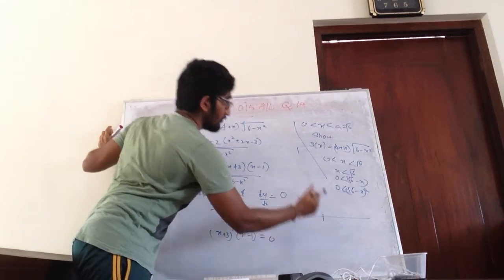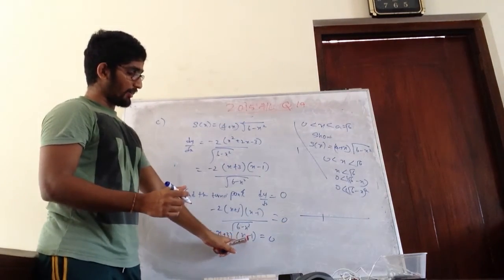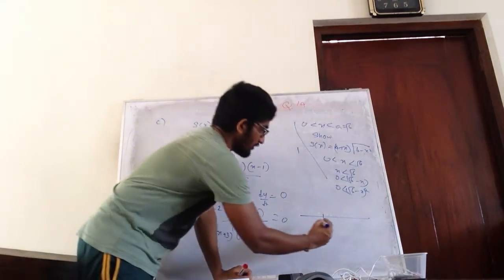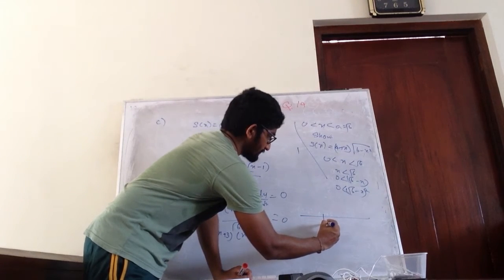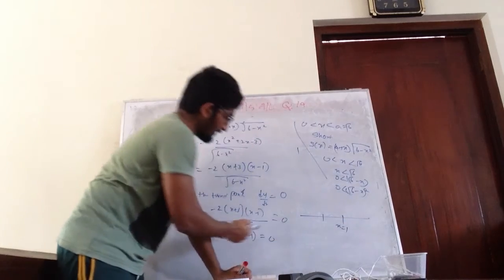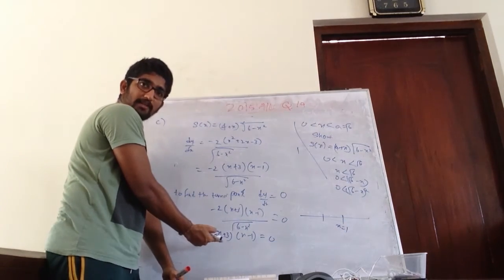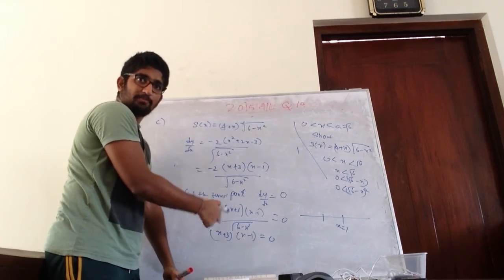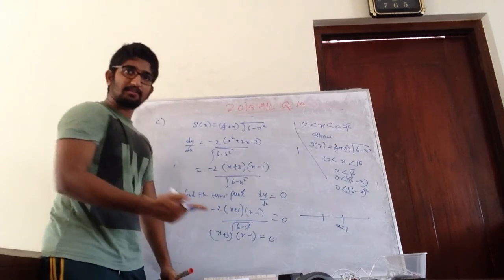So remember now, x equals 1 is here, and the other point that can be 0, which is a possible turning point, is x equals minus 3.